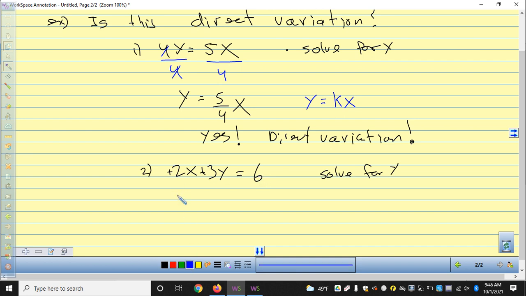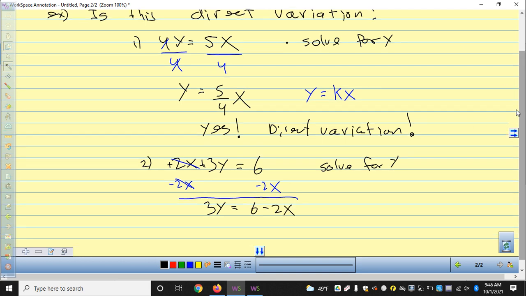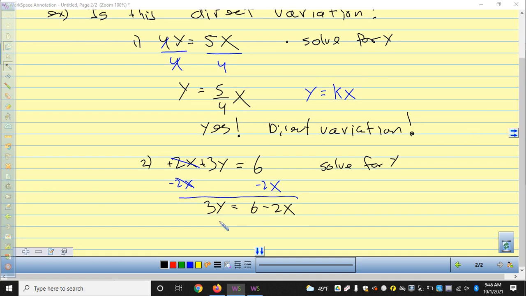Subtract 2x. So those go away. 2x minus 2x is 0. I get 3y equals 6 minus 2x. And now to get this y by itself, I'm going to divide everything by 3.